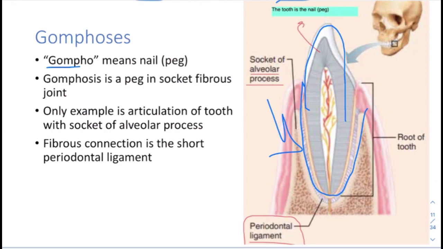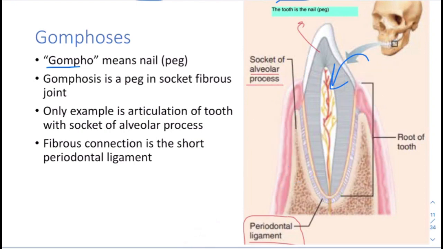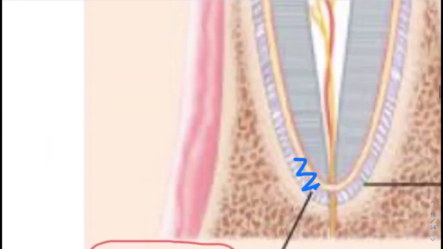And then the connection between the tooth and the socket of the alveolar process is the short periodontal ligament right here. So these little white fibers are the periodontal ligament, and they're basically the fibrous connection between the teeth and the socket of the alveolar process.